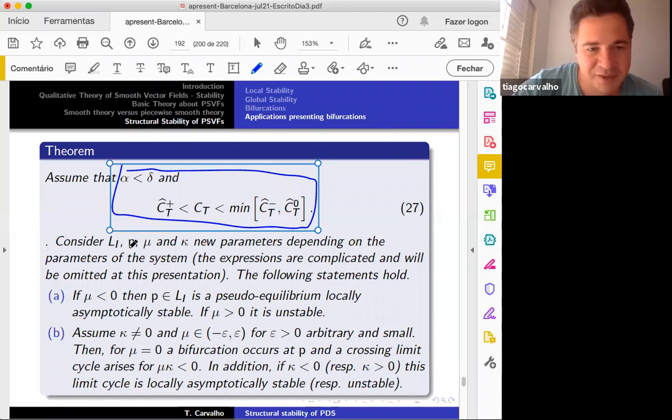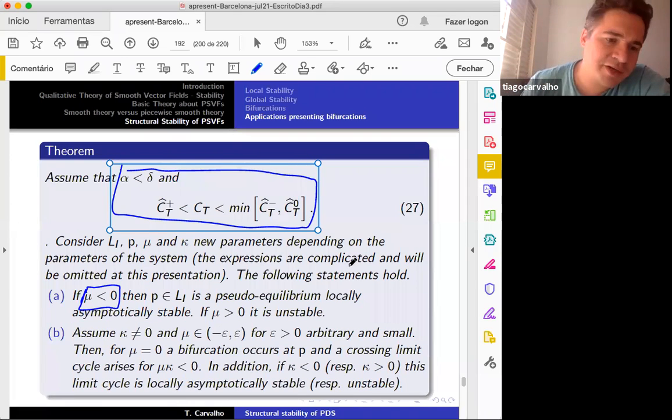There exists a parameter me such that if this parameter me is negative, now it's important to observe that we are looking for the crossing dynamics.